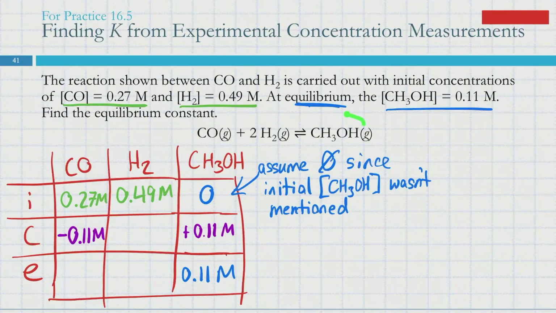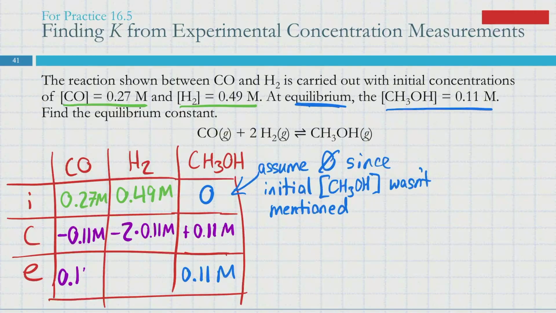And we have a 1-to-2 ratio between CH3OH and H2. So we'll have lost double the concentration in H2. And then we can find our equilibrium concentration.